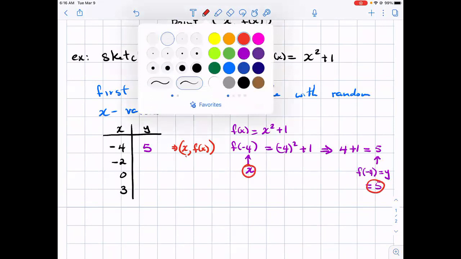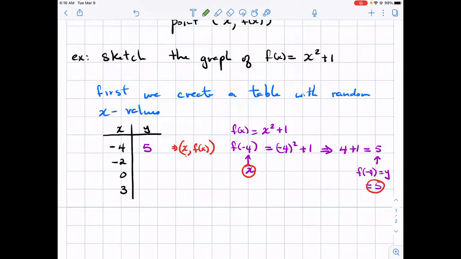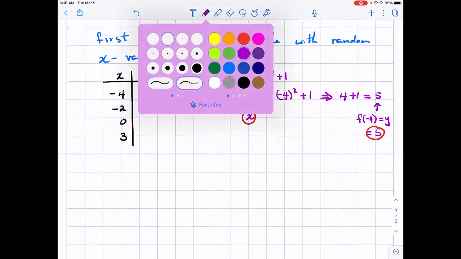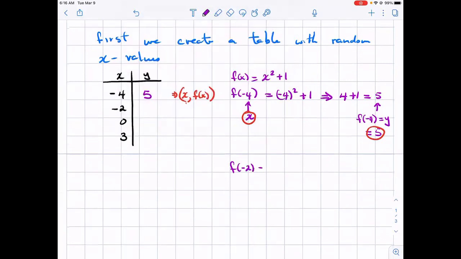If we continue to do this, which you can try on your own, when you find f of negative 2, it will be equal to minus 2 squared plus 1, and this becomes 4. Made a mistake. Let's erase that. Minus 4 squared is 16, plus 1 is 17.